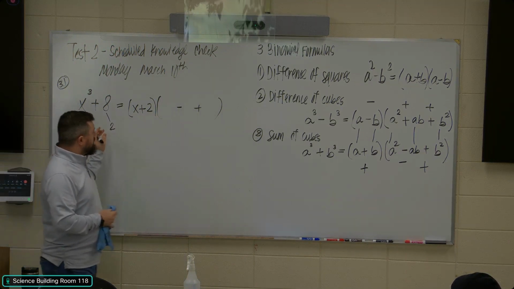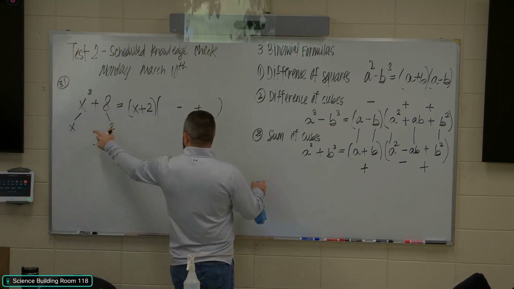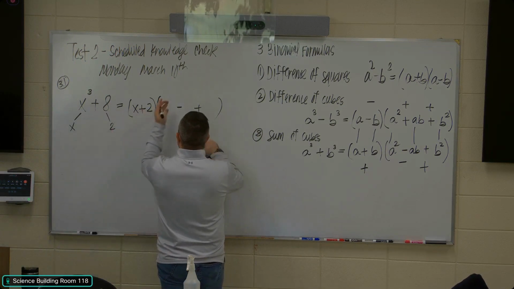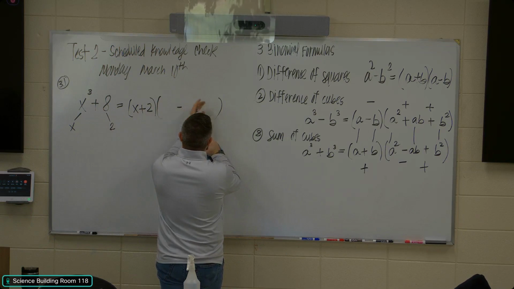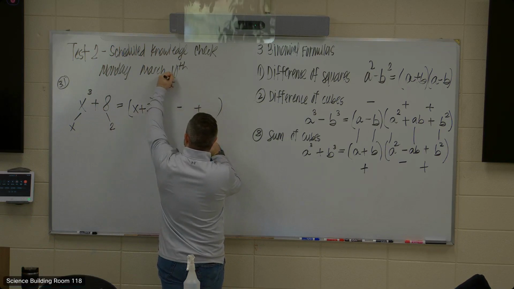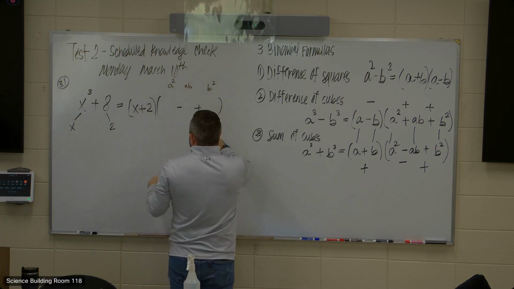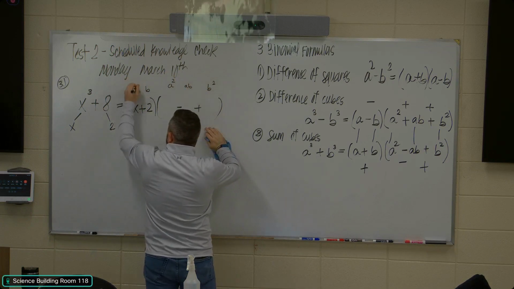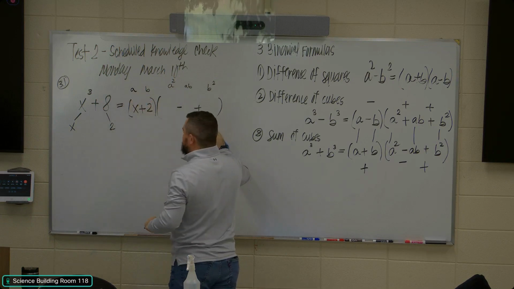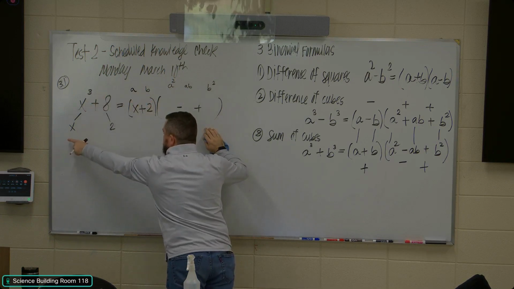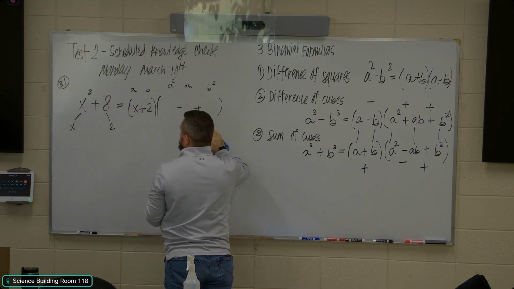Okay, so you took your roots, and what the A squared, the AB, and the B squared mean, your A and your B were the roots that we found. That's the cube root of x, the cube root of 8.